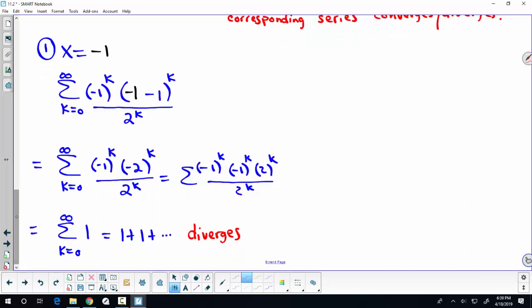So since when x is -1, we get a divergent series, what that means is we're going to keep excluding -1. So the endpoints should diverge, or the middle be true, right? Depends on the series.